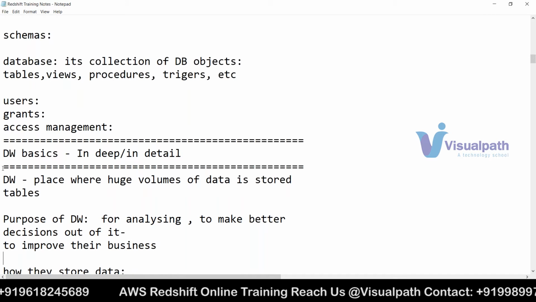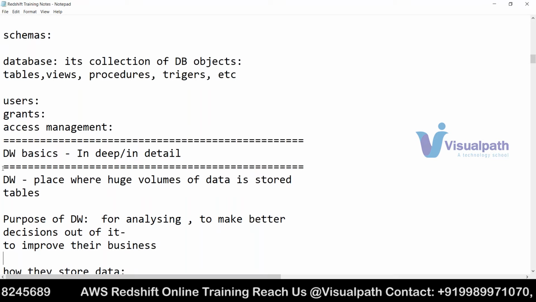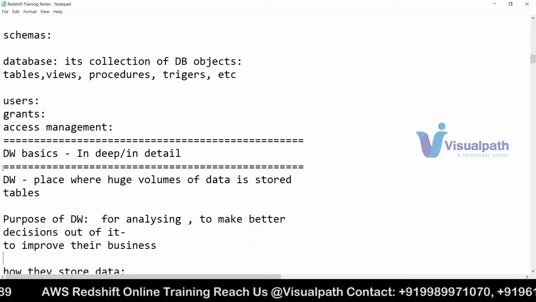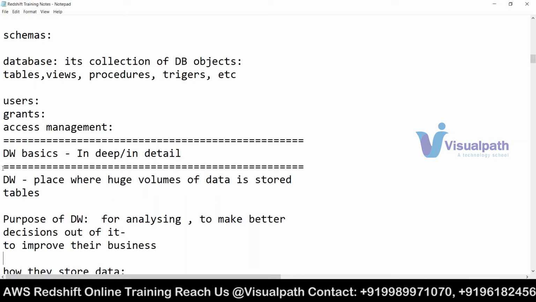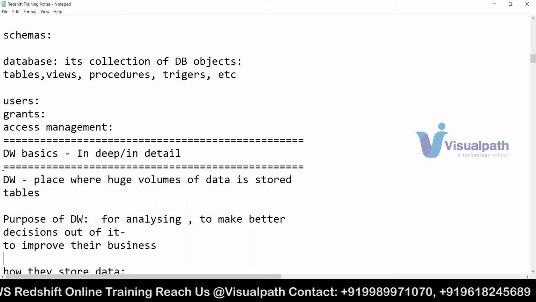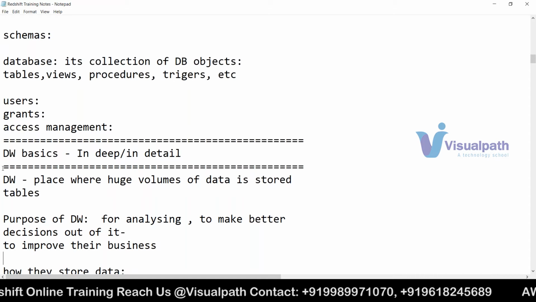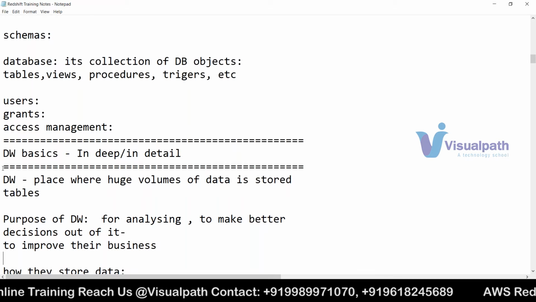Once we know about databases, basically a database can handle data of up to a few gigabytes to hundreds of gigabytes, or even up to 1 terabyte. Generally, databases are for OLTP systems like MySQL, DB2, Postgres, RDS. They are on the OLTP side, meaning where the transactions are happening.